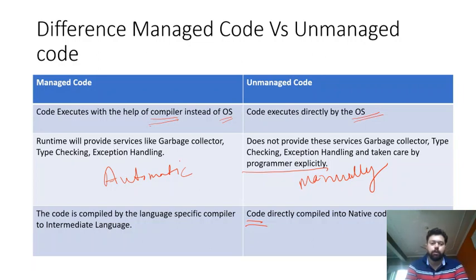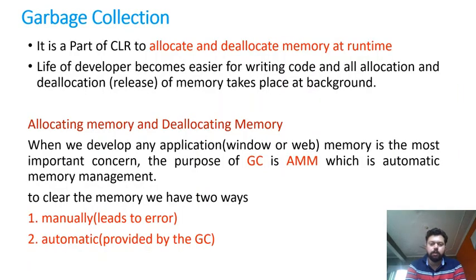Now let's move to the garbage collector part. What is garbage collection and what is included in garbage collection? So let's start. What is garbage collection? We can say that it is a part of the common language runtime to allocate the memory and to deallocate or release the memory at runtime.